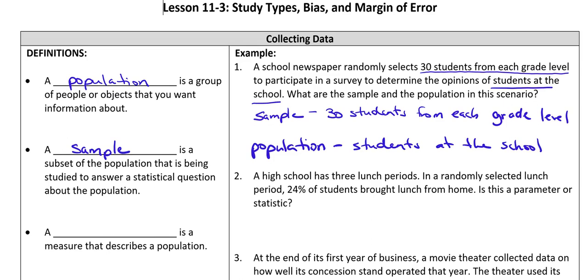Okay, but if I wanted to know, for example, how many students were going to go to college after graduation, I may not be able to pull every single piece of information on every student because that's not in our records. So what I could do is I could do a sample survey. I could survey maybe 200 students at our school, and that would allow me to get an idea of how many students want to go to college after high school.